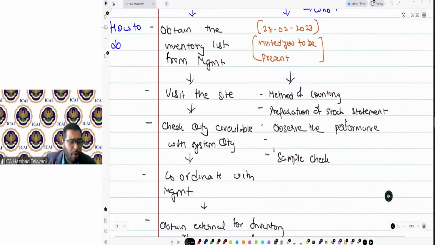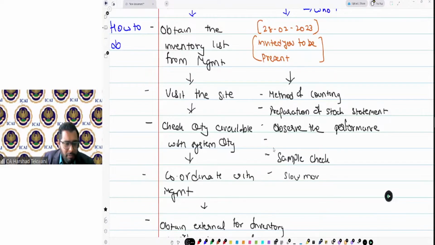So I need to check about slow moving or non moving. Instead, I should write the full words: slow moving and non moving or damaged inventory.